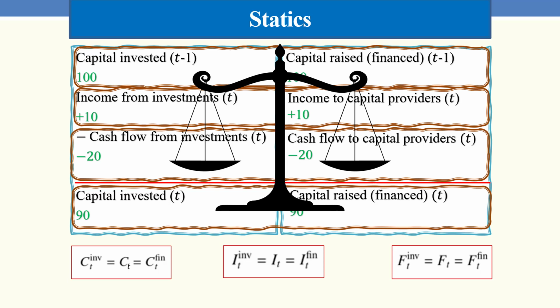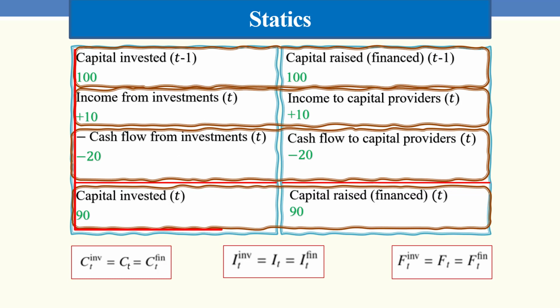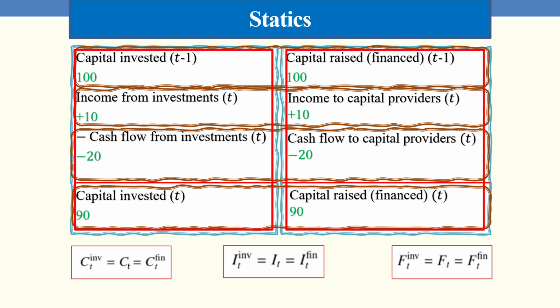And the cash flow from investments is equal to the cash flow distributed to capital providers. And note that the law of motion holds for both systems, the system of investments and the system of financings.